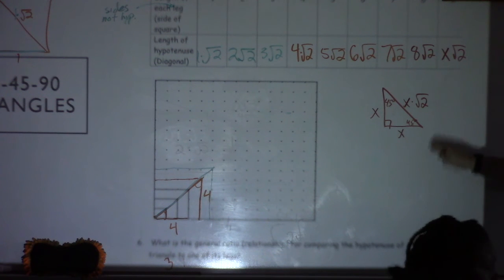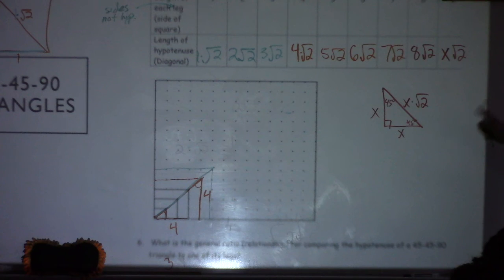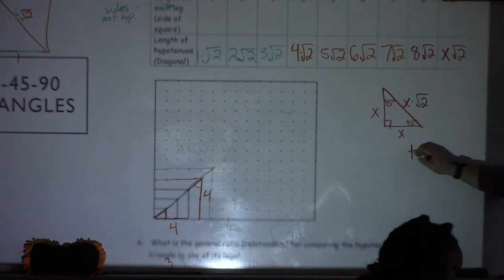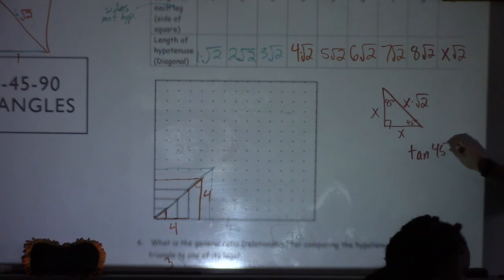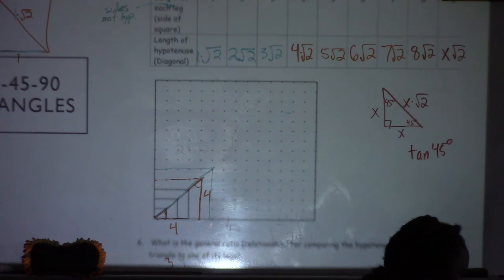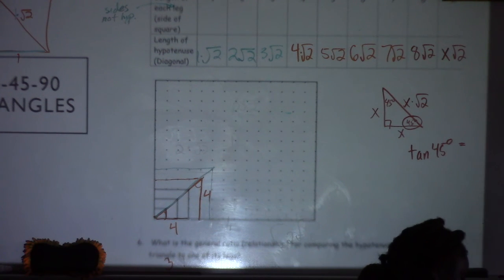You should draw this under number 6. You can use this triangle to figure out the trig ratios of 45 degrees. If I were to ask you, what is the tangent of 45 degrees? Remember, this is true for every 45, 45, 90 degree triangle. If I look at this 45, what's opposite that 45?